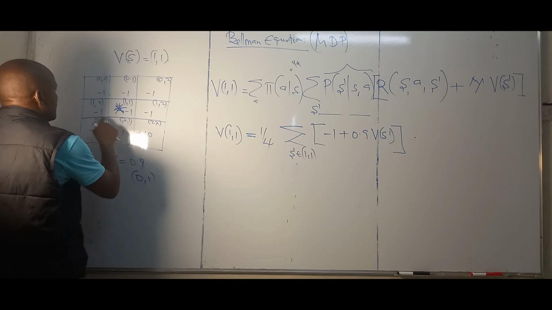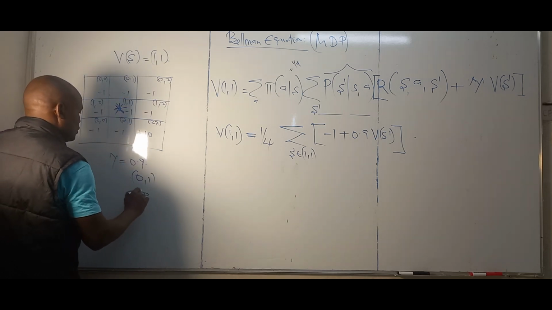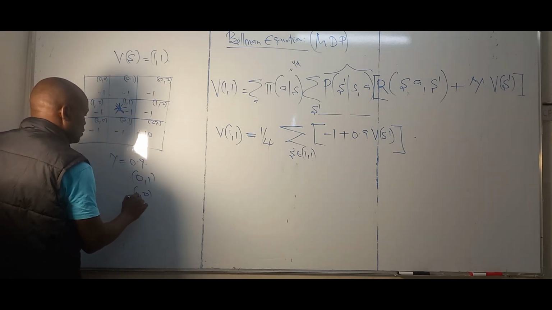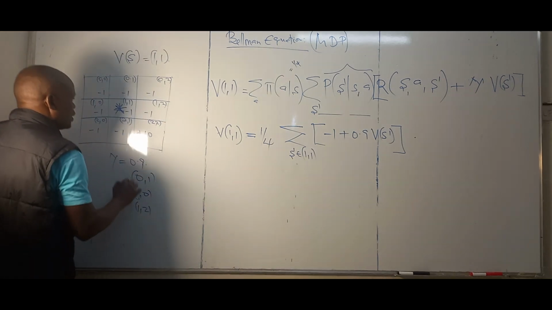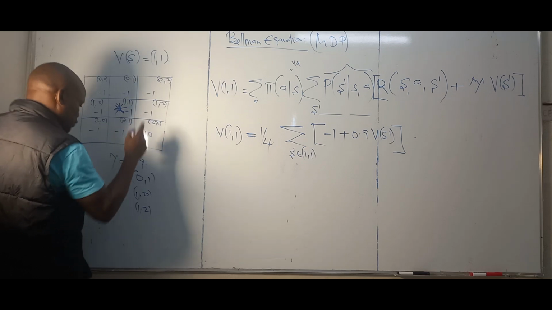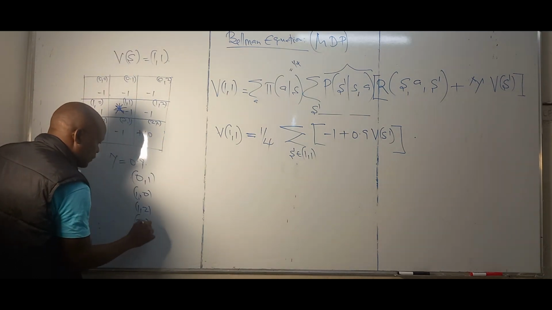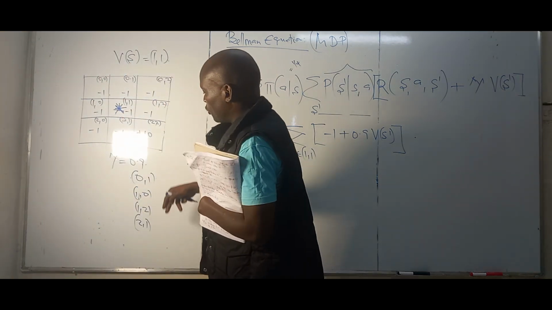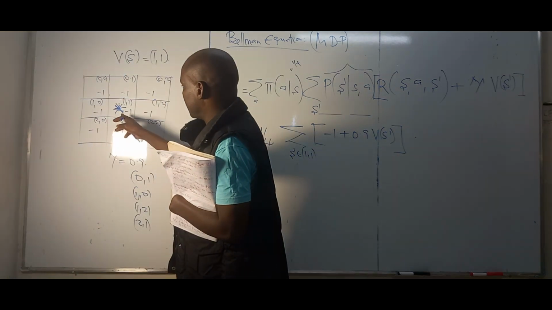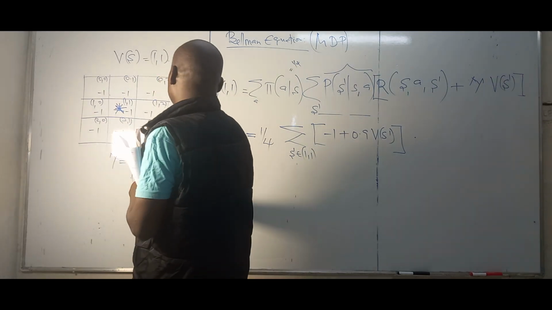The other neighbor is 1, 0. The other neighbor is 1, 2. And the other neighbor is 2, 1. Those are the cells that the robot can visit once it finds itself in state 1, 1. So these are the neighborhoods.